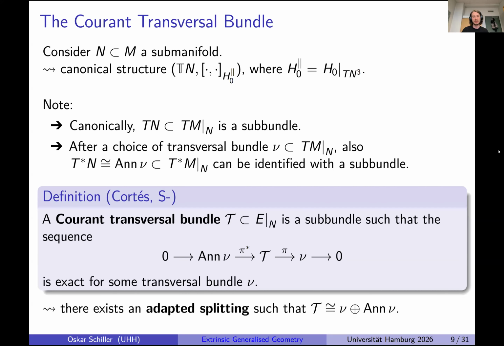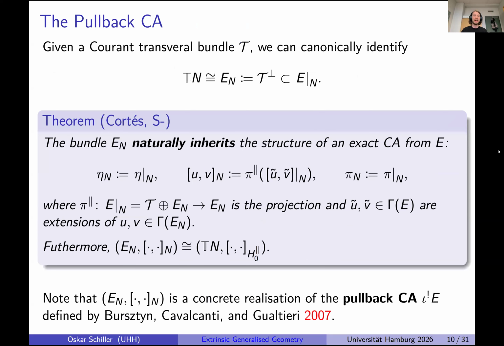But only in the right splitting, so you can consider more general Courant transversal bundles than this direct sum. They are just transformed by a B-field transformation. We are interested in this Courant transversal bundle because given this Courant transversal bundle, we can now canonically identify the generalized tangent bundle with the orthogonal complement of the transversal bundle, which we will call En.